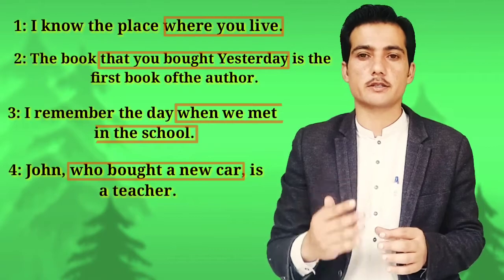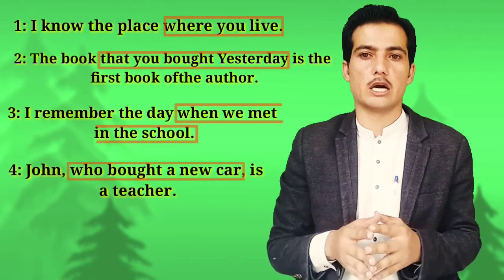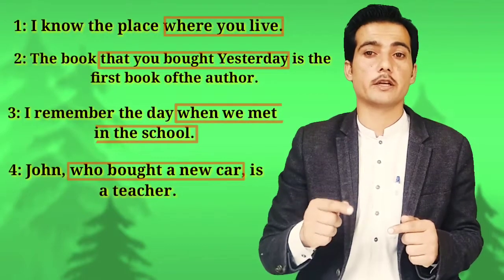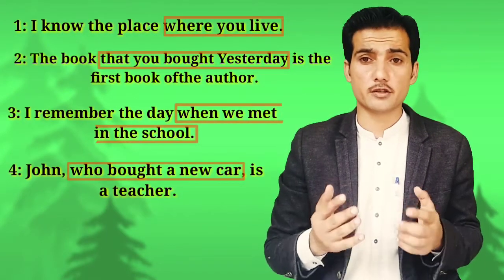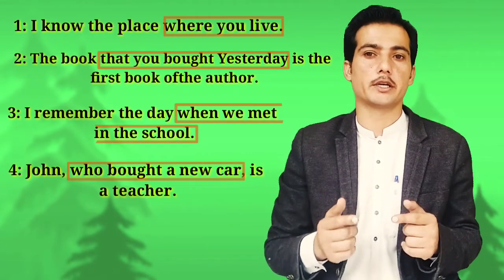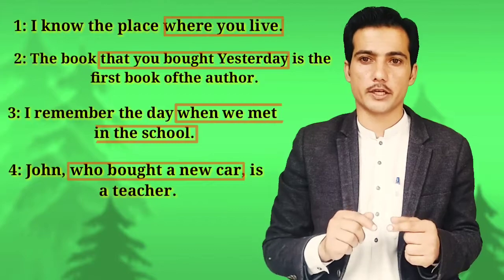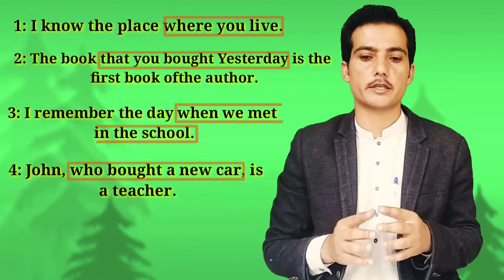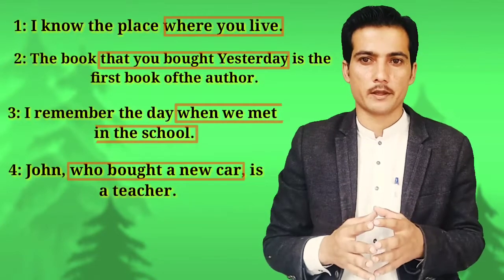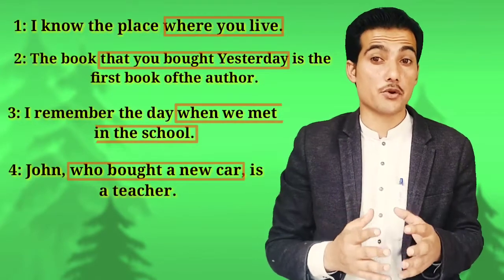And it consists of a relative pronoun, that is who. But you need to keep in mind, here it functions like a subject. Who is a relative pronoun, but here it functions like a subject. And after that, bought is a verb, and it is a group of words, and it modifies a noun.